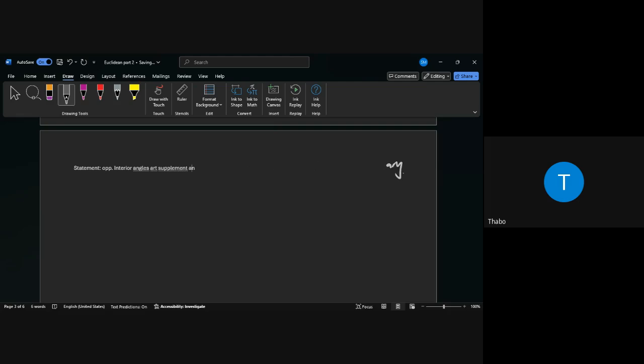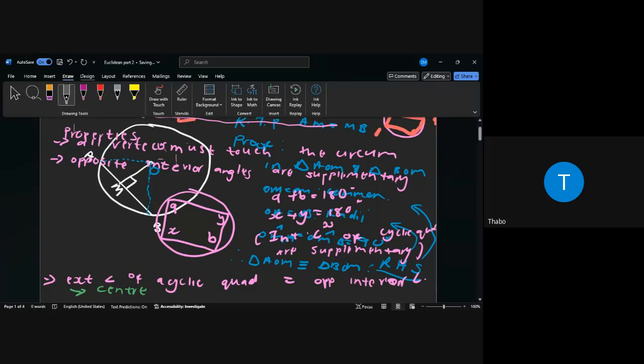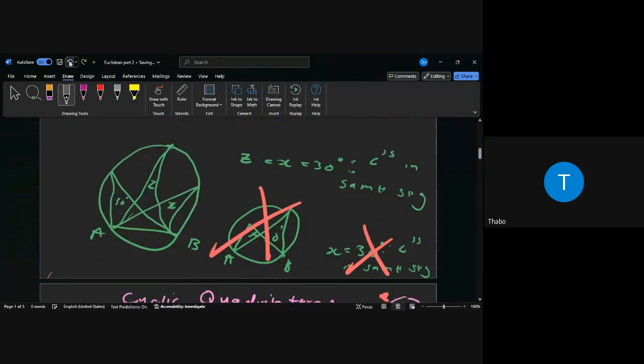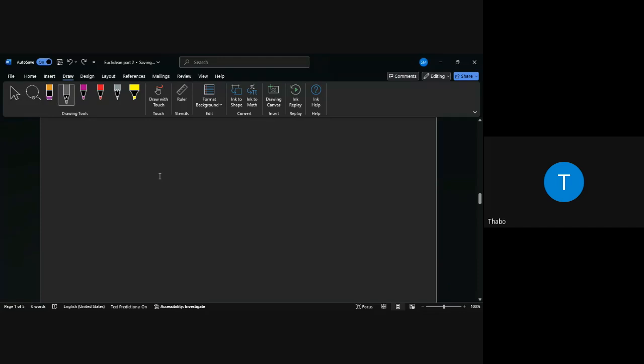I don't know why this thing is turning my writing into something else, and now I can't delete it. Give me a second. Okay.